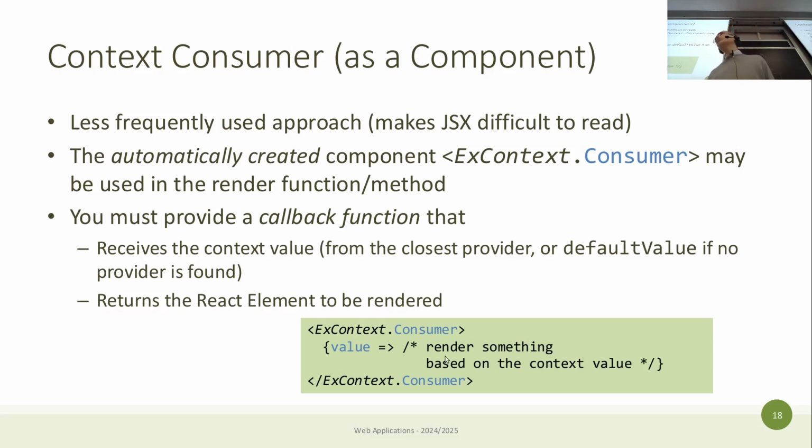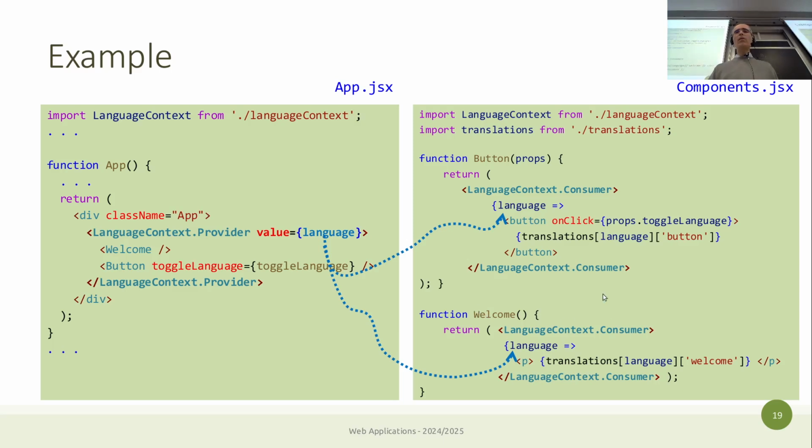Much more difficult to write, a syntax which is not so intuitive. That's the example, but I didn't put it into the code I wrote because it's much less intuitive. You see that you need to define the consumer and the callback function, and it's very difficult to read.